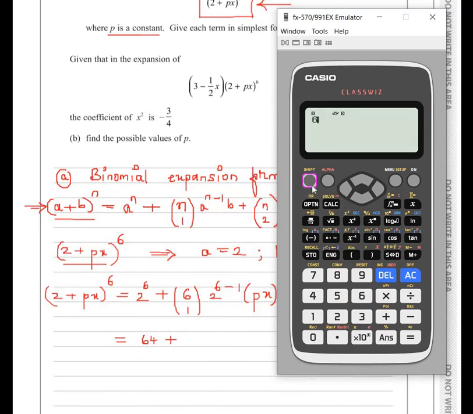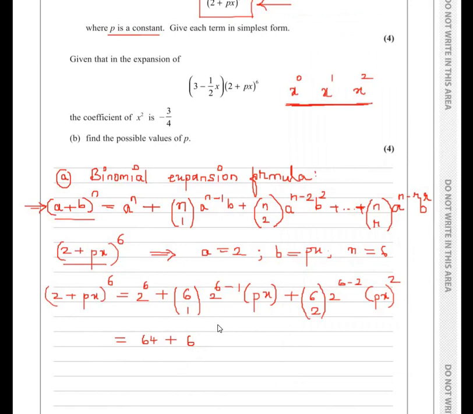We press 6, then shift, then click on nCr, and r is 1. So click on 1, equal to, and get 6. So we write 6C1 as 6. Then 2 to the power of 5, since 6 minus 1 is 5. So 2 raised to 5 is 32, into px.